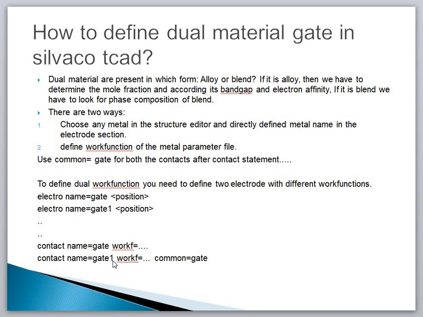To apply the same voltage, you have to use this statement. If we are dividing the total gate length into three different gate sections, then you have to mention common equal to gate in every gate 1, gate 2, gate 3 statement.